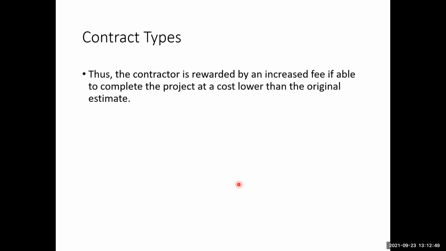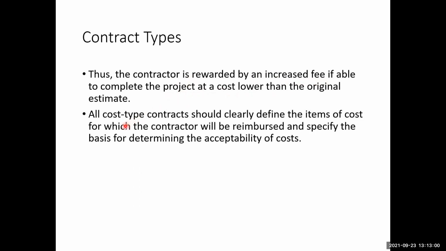Okay, so thus the contractor is rewarded by an increased fee if able to complete the project at a cost lower than the original estimate. So this is for the cost plus incentive fee contract. So all cost type contracts should clearly define the items of cost for which the contractor will be reimbursed and specify the basis for determining the acceptability of the cost. Of course, it is easier said than done.